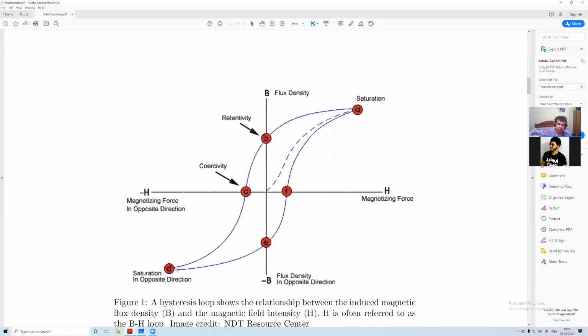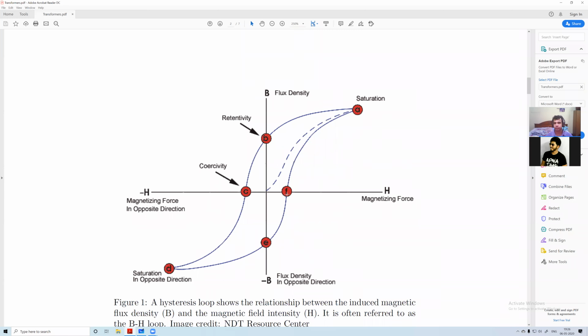Even then, if we still move in the opposite direction, it goes to D. Then if we increase again, it comes to E. Note that even at point E, H is 0, but B is not 0. To make B 0, we have to still increase H to point F. So it follows this loop. Once it is excited to point A, it follows this loop.